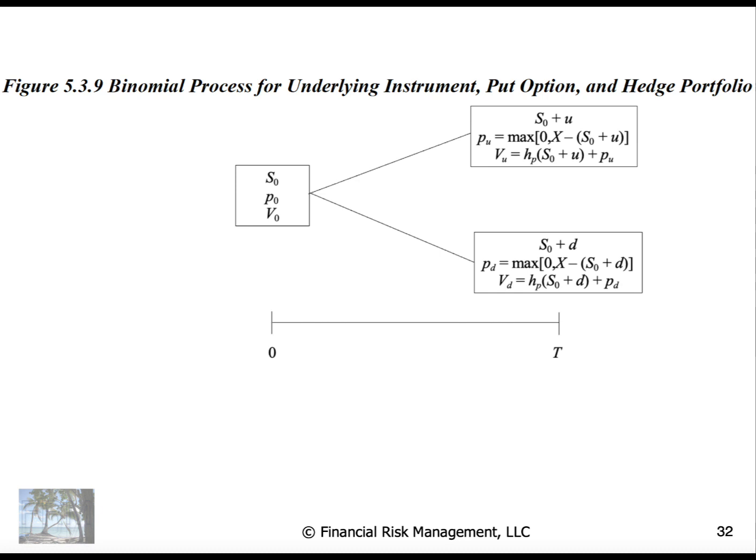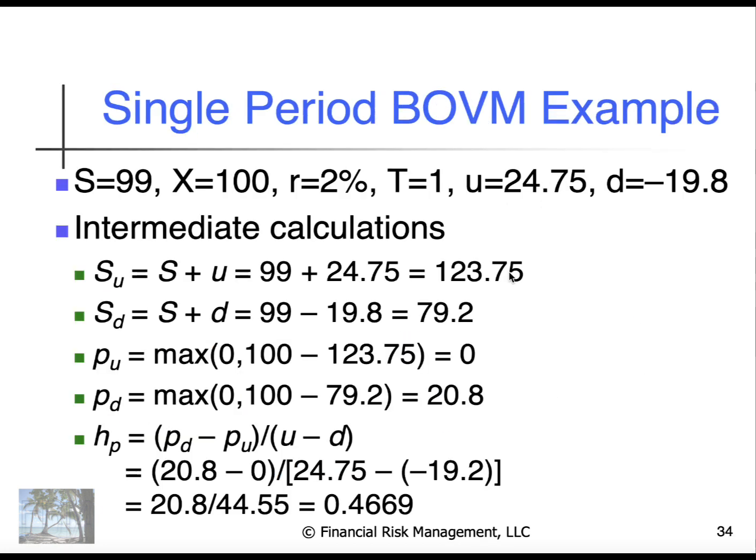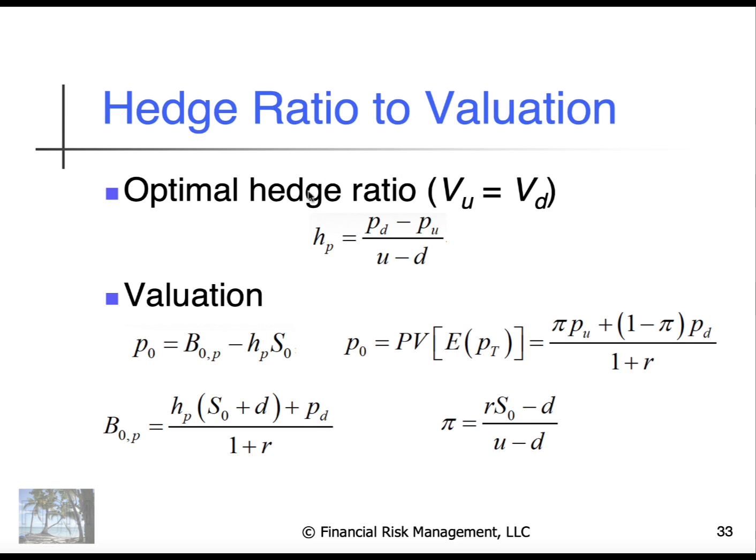With that, we can solve for the value of the up and down moves. Once we have those, we can set the hedge ratio such that the up and down value of this hedge portfolio is equal to each other. If we do that, we'll have the optimal hedge ratio. Again, it is the cross-sectional change in the put divided by the change in the stock.